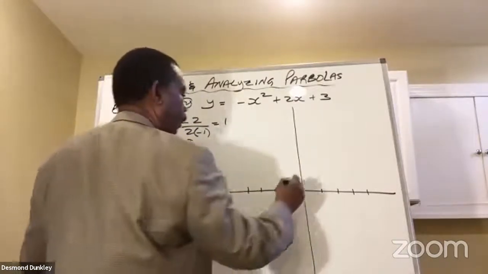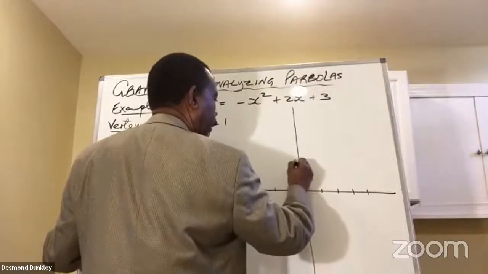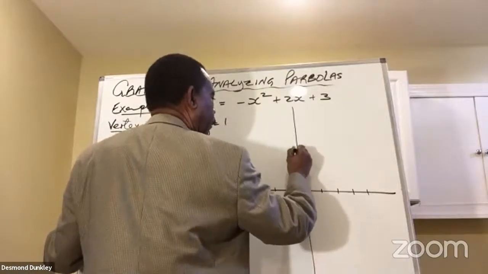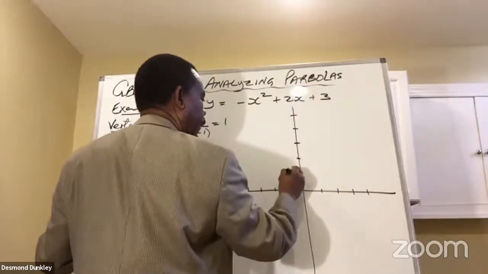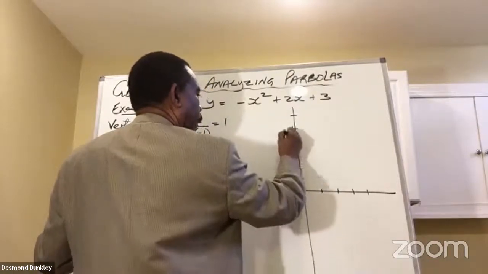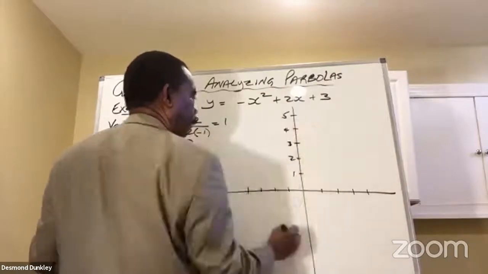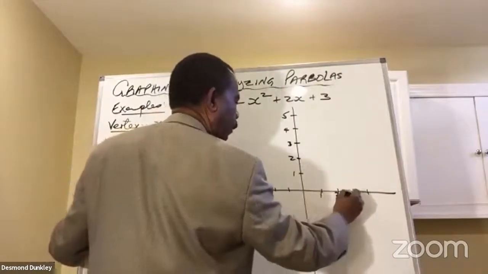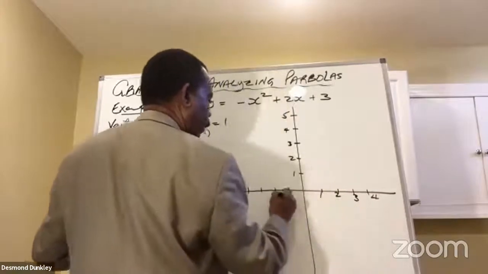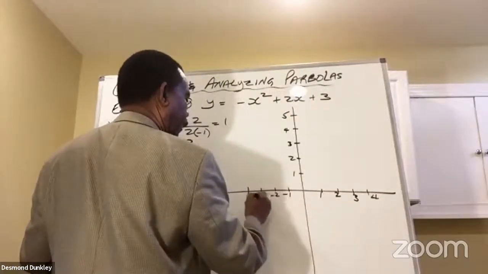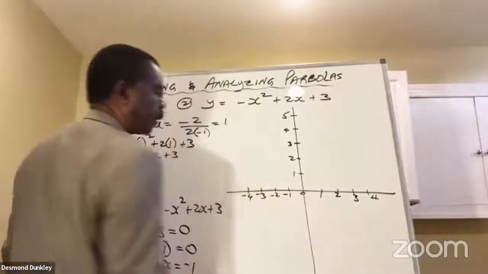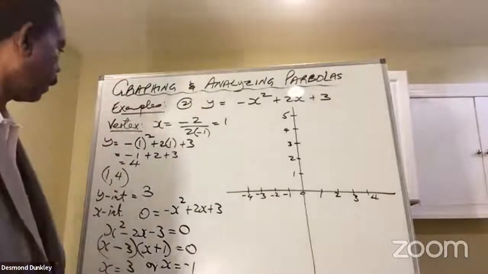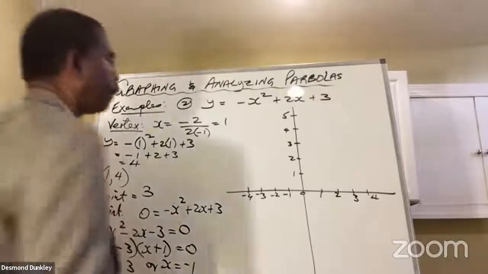And then going up, we have 1, 2, 3, 4, 5. 1, 2, 3, 4. Negative 1, negative 2, negative 3, negative 4. Okay, and of course, this is 0. Remember, this is just a sketch. Okay, so our vertex is 1, 4.